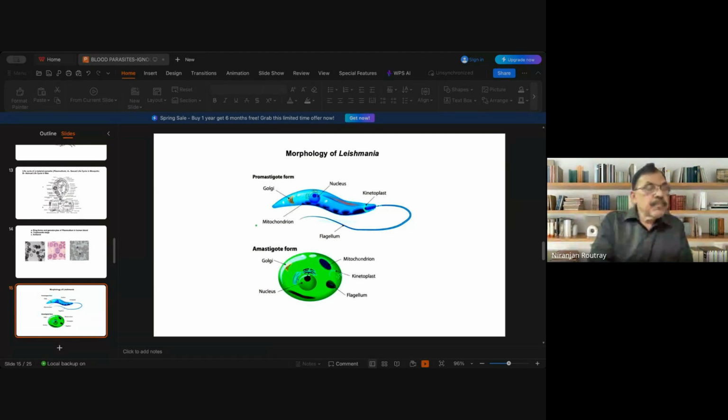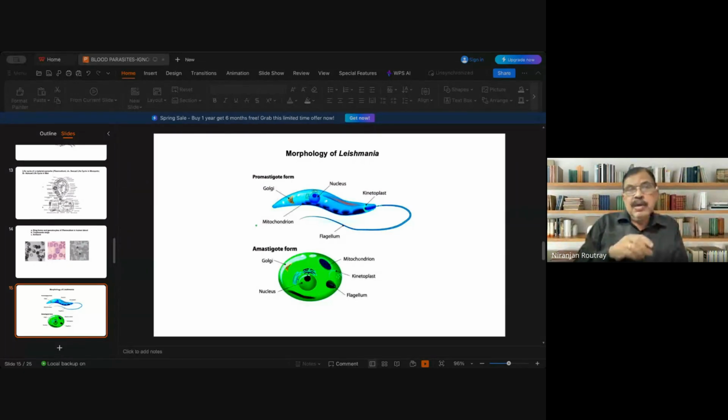Visceral. When this leishmania in these two forms, promastigote form and amastigote form, are present in the body, particularly in the internal organs, viscera means internal organs. So when they're present within the body in the internal organ, intracellularly, particularly the reticuloendothelial system, it is called visceral leishmaniasis.